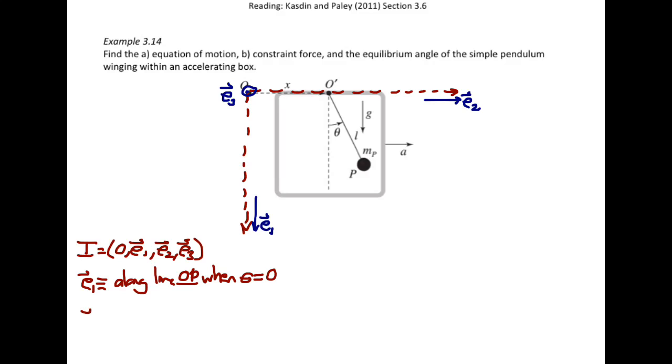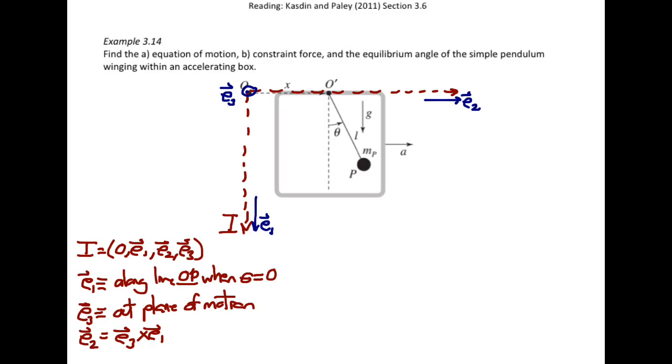Then E3 is out of the plane of motion, and then E2 is simply going to be E3 crossed with E1. So there's our geometric definition of our reference frame I.